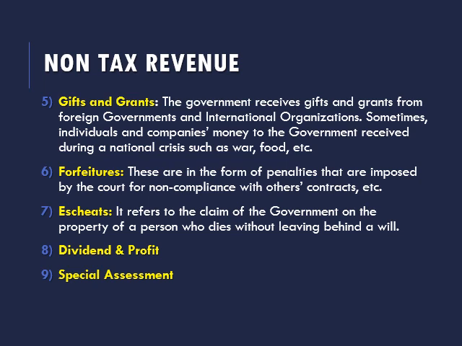It refers to the claim of the government on the property of a person who dies without leaving behind any will, and there is no nominee of your property, there is no nominee of your account, then in that case no one is claiming that property, then it will be confiscated by the government after giving one notice, and if within that notice period someone comes and claims it, then it will be transferred, otherwise it will be escheated.